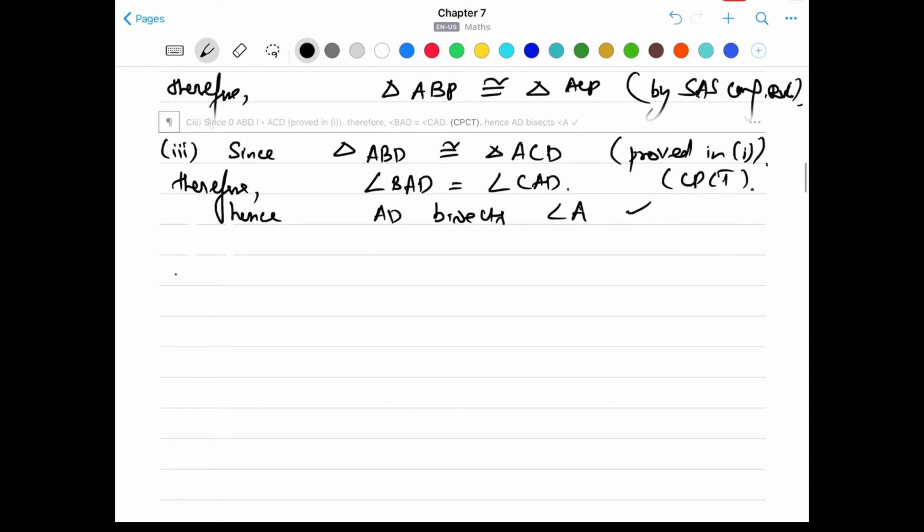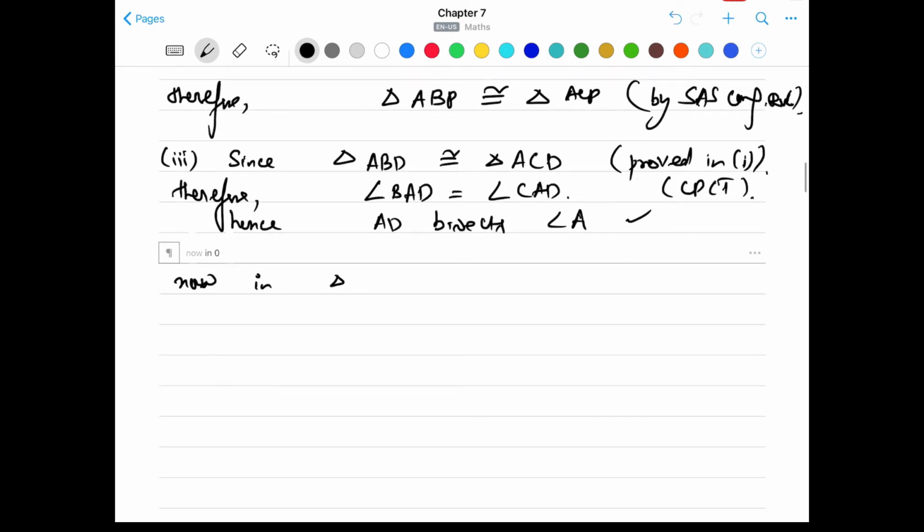Okay, now we'll take triangle DBP and triangle DCP. Okay, we have side BD equal to side DC.